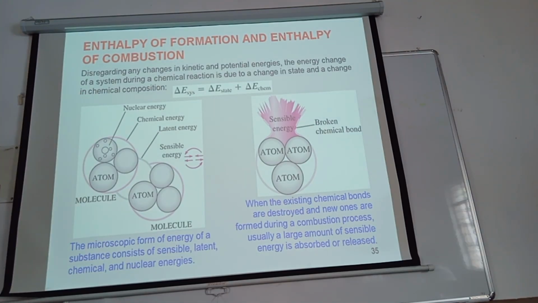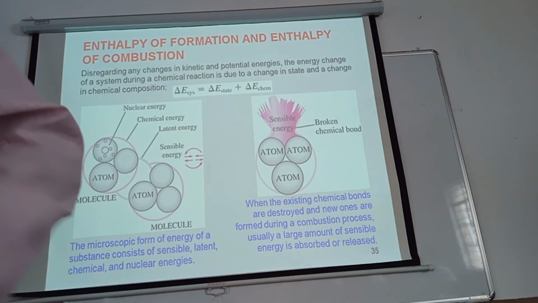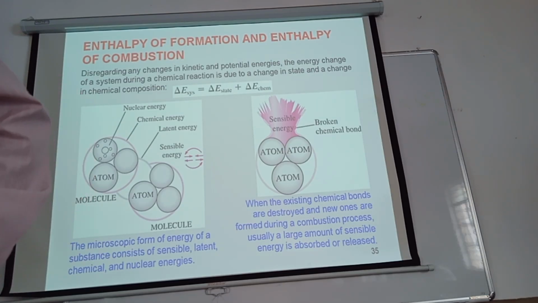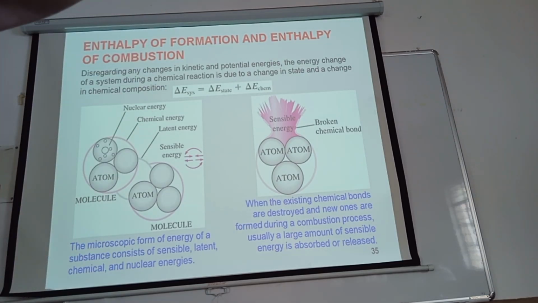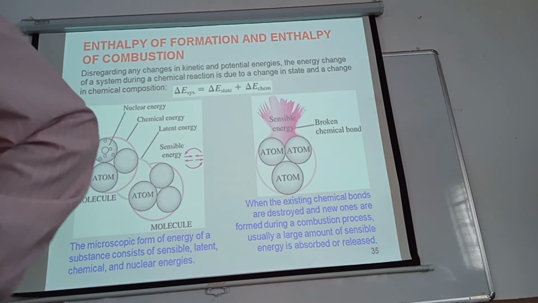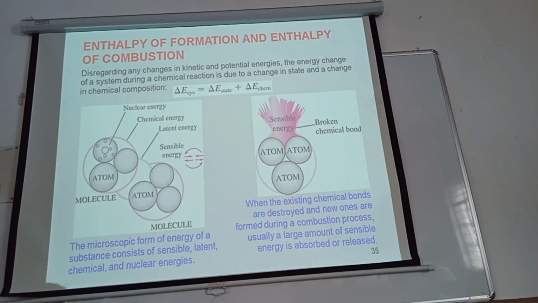So how many pockets are there? 6 pockets, 8 pockets, whatever. These are the modes of energy. These are the different modes of energy: kinetic energy, potential energy, different pockets. In this pocket kinetic energy, in this pocket potential energy, in this pocket chemical energy, in this pocket latent energy. Many energies are there. Whatever you want to absorb, I will supply. So you have some kinetic energy and potential energy.